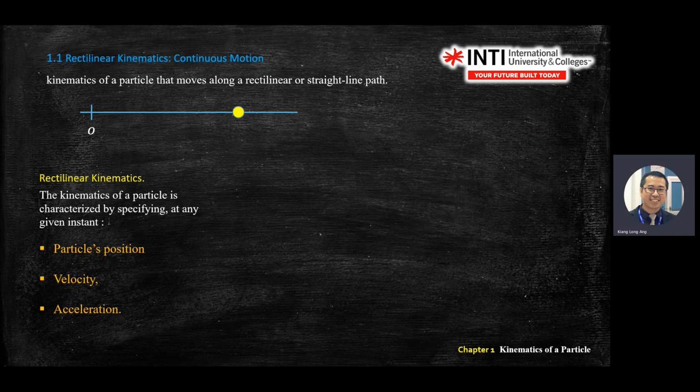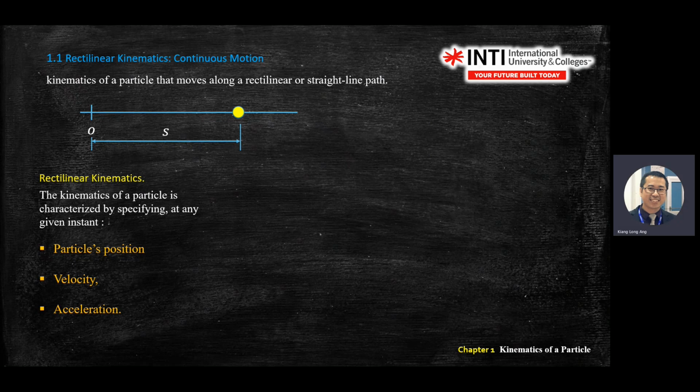We start with position. Position is where the particle is, referring to your reference point. In this case, this yellow particle is a certain distance from the starting point O, labeled as S. This is called position. Throughout this module, we will use S as position.